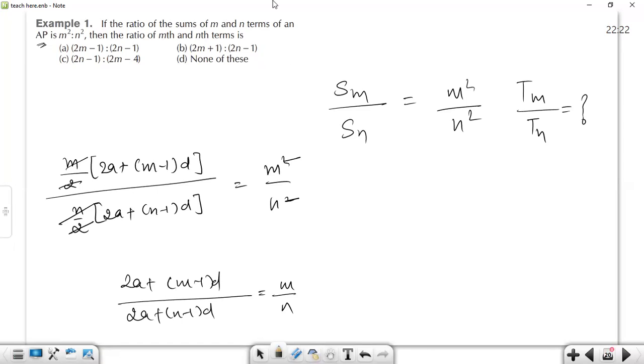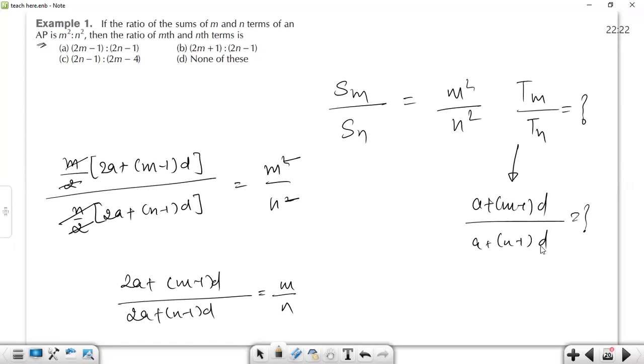Now, we have to find out the ratio of the mth and nth term. Basically, how can we find it out? What are the mth and nth terms? They are a + (m - 1)d and a + (n - 1)d. This is what we have to find out.